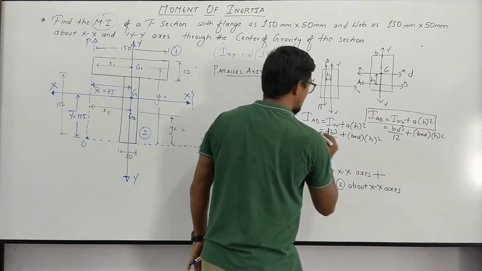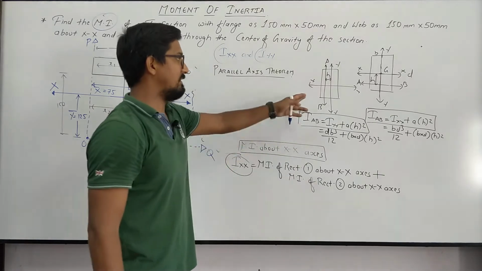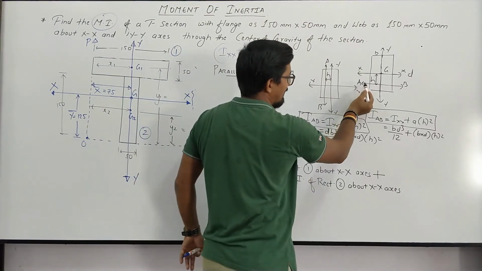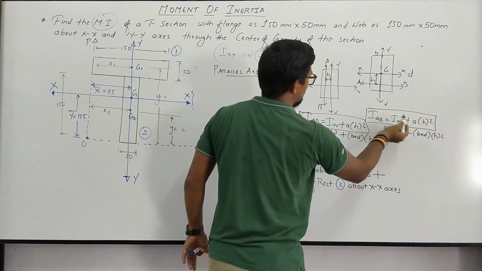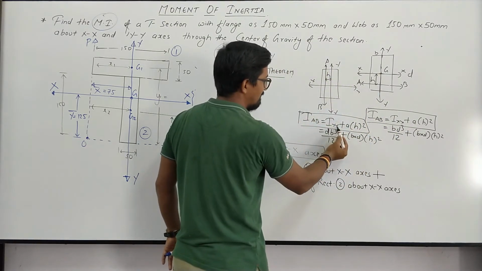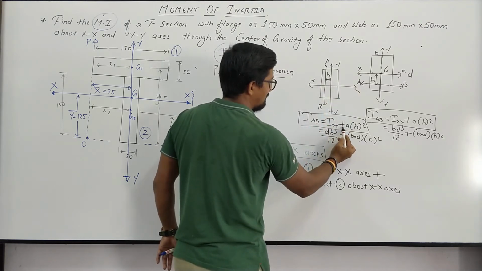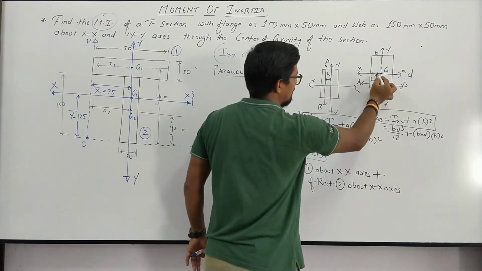So basically these are the two examples of parallel axis theorem I have given you. If AB is parallel to XX, then IXX plus area into h square. If AB is parallel to YY axis, then you have to use IYY plus area into h square. So h is this in this case and h is this in this case.